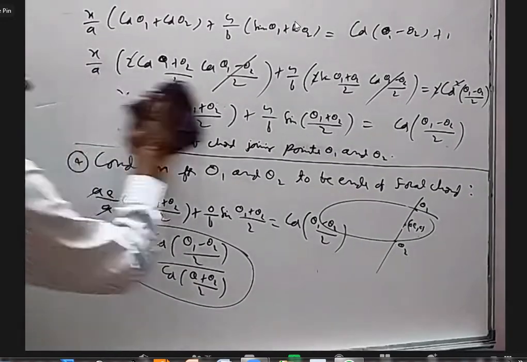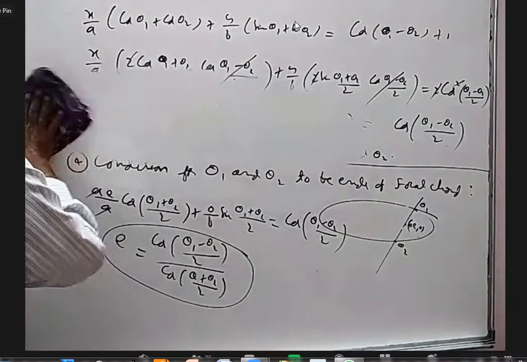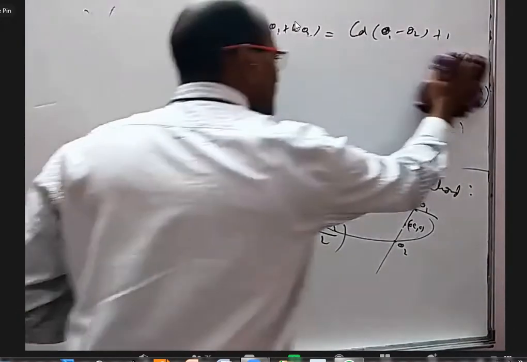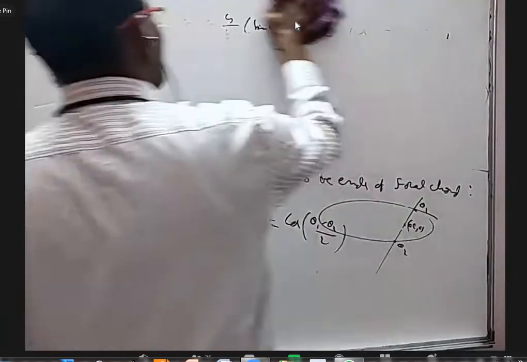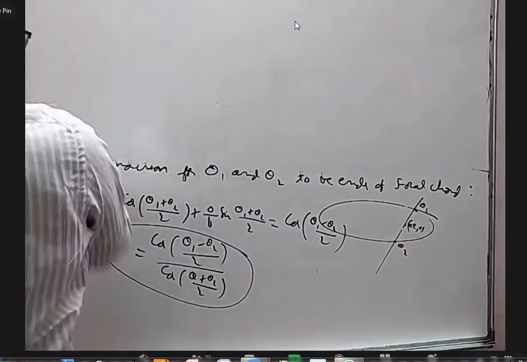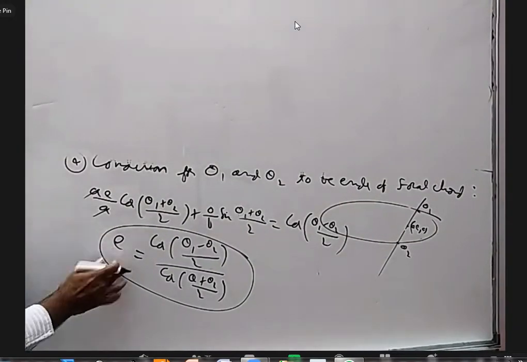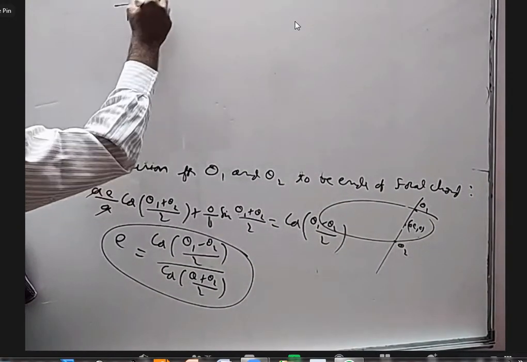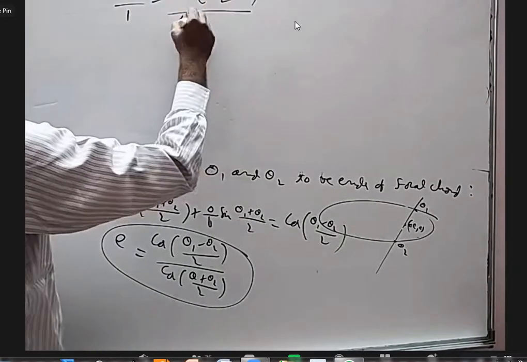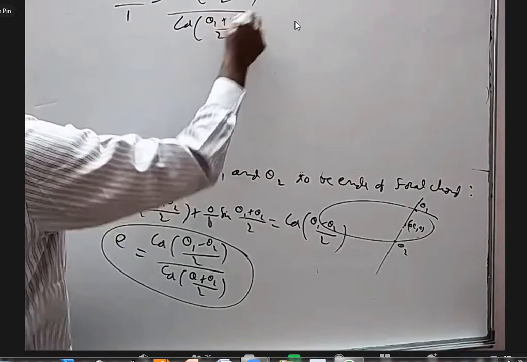Okay, I'm erasing this. I want to apply componendo and dividendo here. So E by 1 is equal to cos of theta 1 minus theta 2 by 2 over cos of theta 1 plus theta 2 by 2.